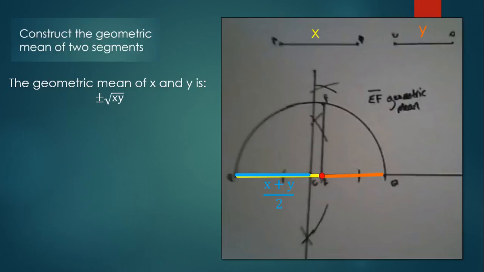And the length of that line segment from the point up to the semicircle was our geometric mean.